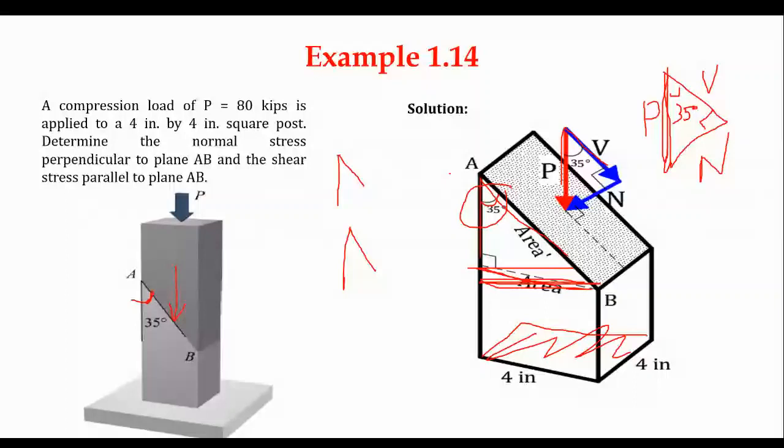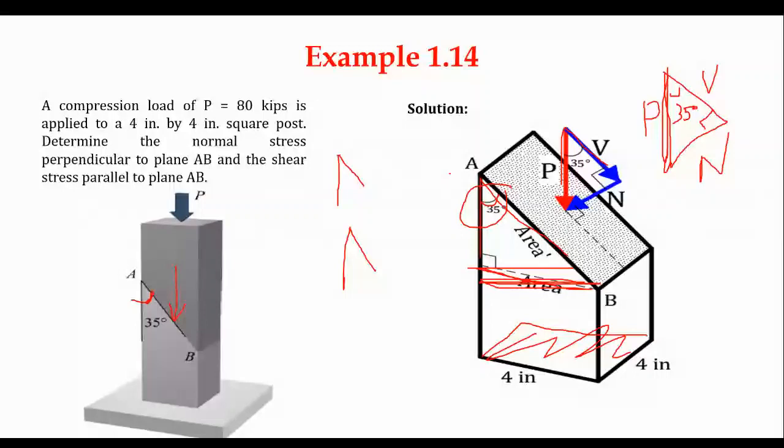Okay, just like this. Dili ni 60 ha, typo lang. 35 na siya. So, area prime is area over sine 35. So, therefore, area prime na to, 27.895 inches squared.